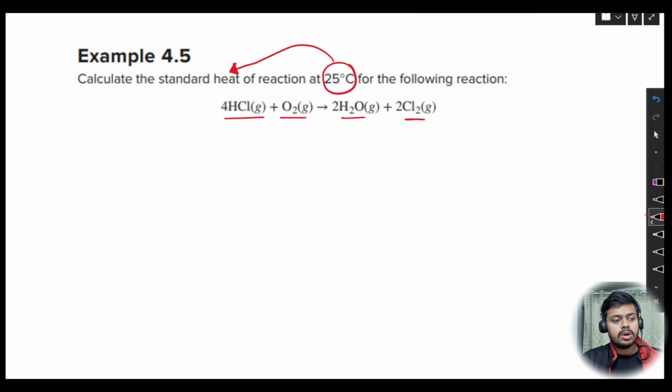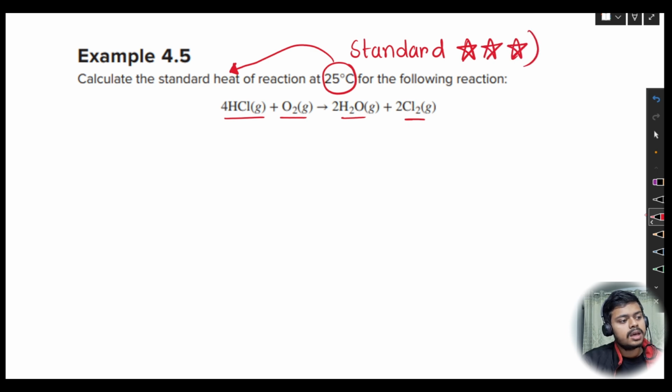Always remember the standard conditions for our heat of reactions are 25 degrees Celsius, and the pressure is always atmospheric pressure. If the pressure is anything else, it will be mentioned in the question, and it will affect our heat of reaction in some other way, which we will discuss later.